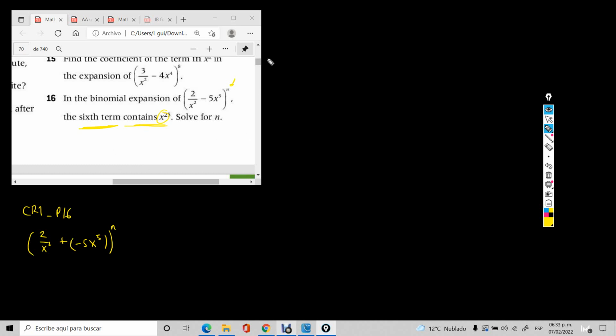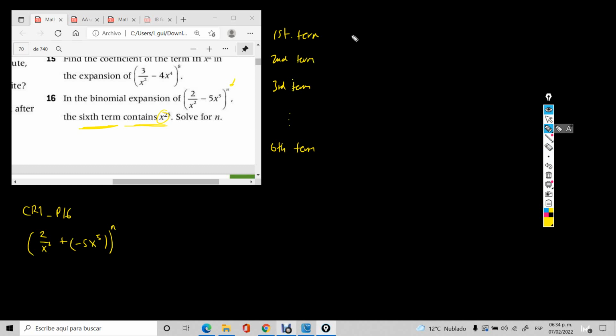So let's write the first term, the second term, the third term, and we're going to jump to the sixth term of this expansion. Even though you don't know this exponent, you can just write it in terms of the formula, right?